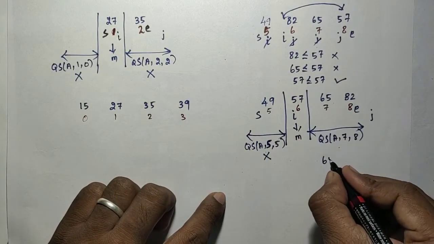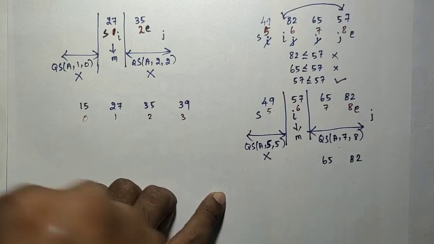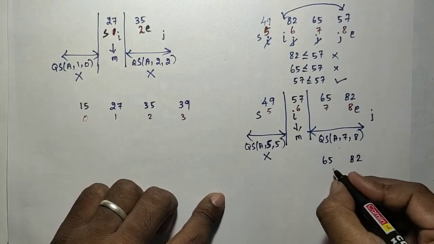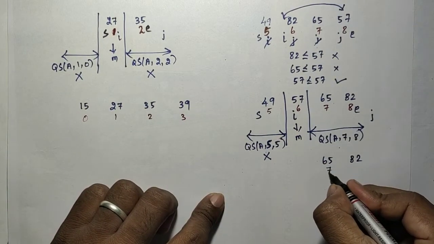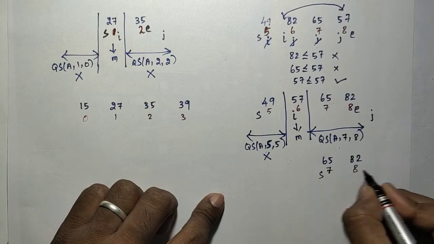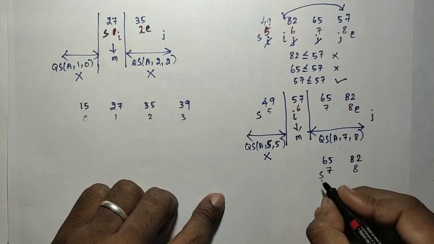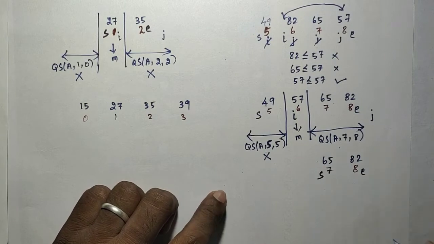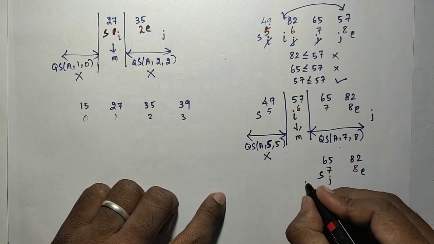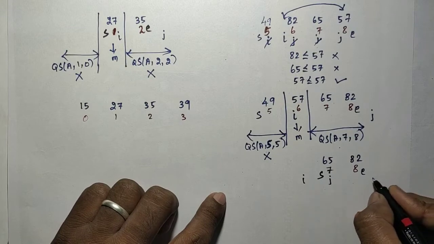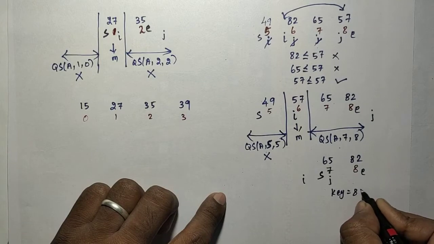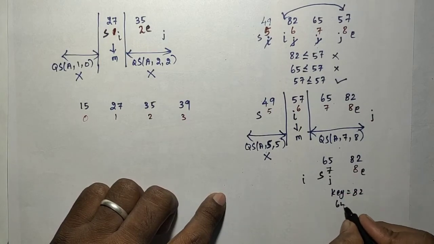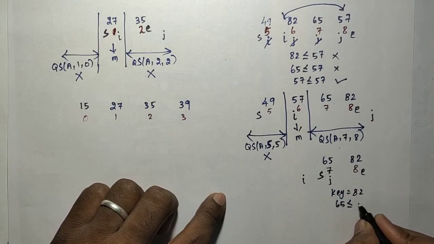So we will write this 7, 65 and 82, and the indices are 7 and 8. Here it is S, and here it is E, and j starts from here, and I will be S minus 1, and the key element will be chosen as 82. Now the jth element 65 is compared, is it less than or equal to 82?